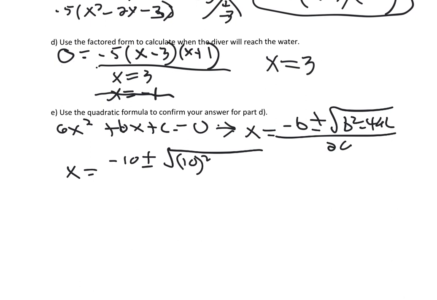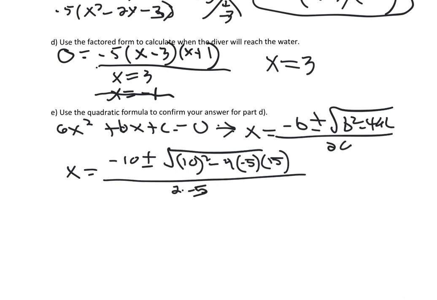This value will always be positive because whatever you square, positive or negative, is going to be positive. And then minus 4 times our a value, which is -5, times our c value, which is 15. And all of that is divided by 2 times -5, which is our a value.